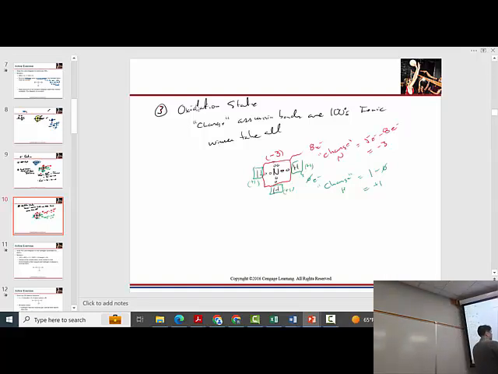Now, in ammonia, is the bonding 100% covalent? No. Is it 100% ionic? No. It's somewhere in between. Somewhere in between we call polar covalent. And so this gives us the fourth way of doing it.